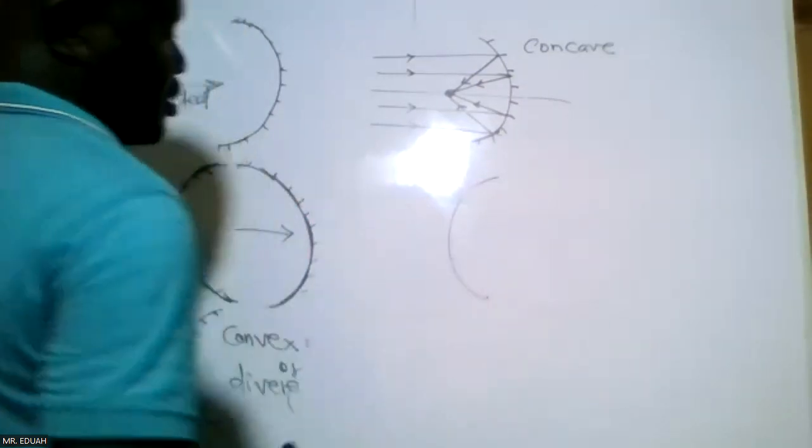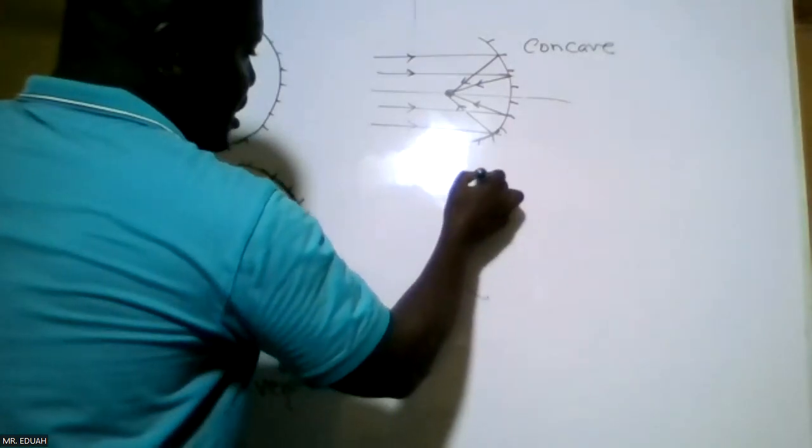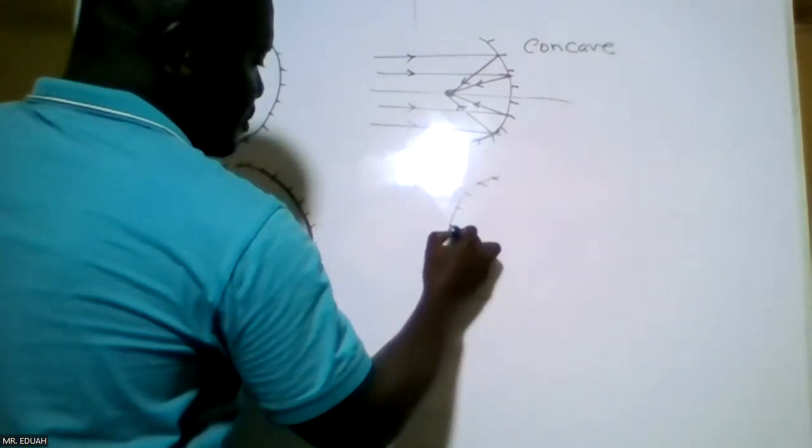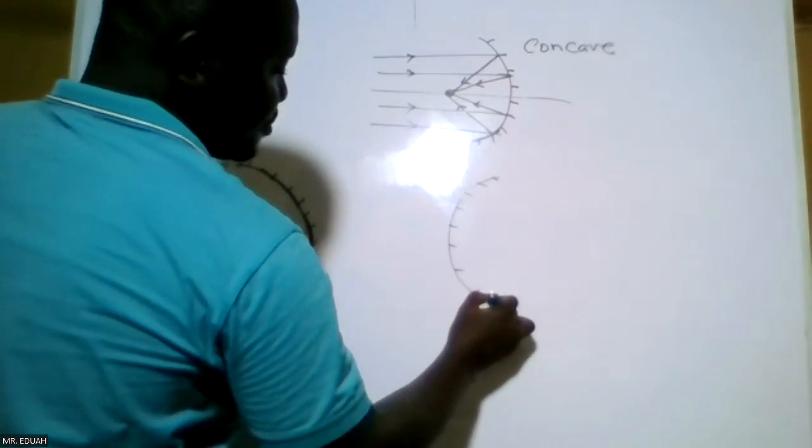convex or diverging. This one curves outwardly.